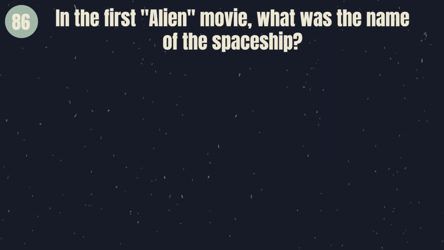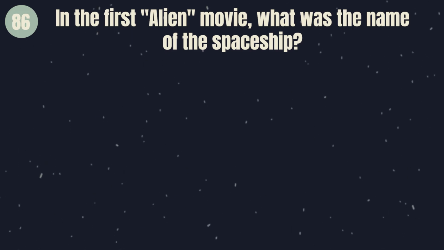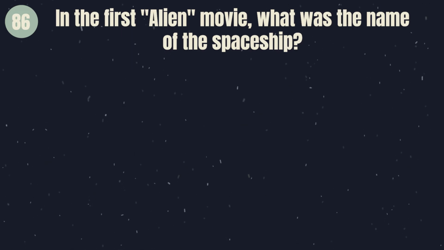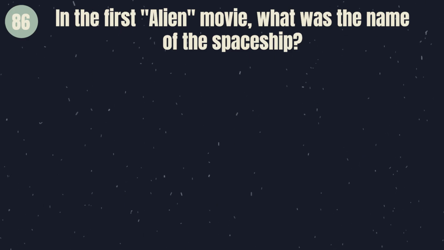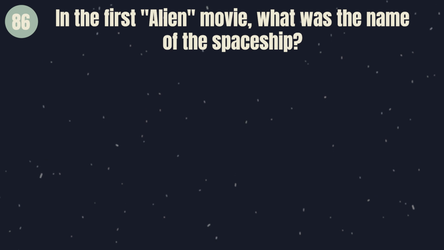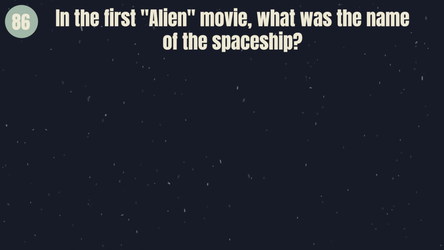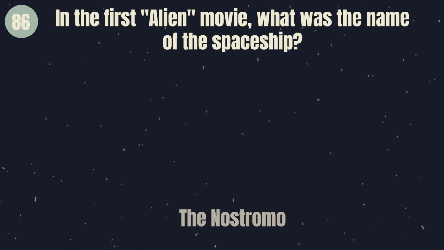In the first Alien movie, what was the name of the spaceship? The Nostromo.